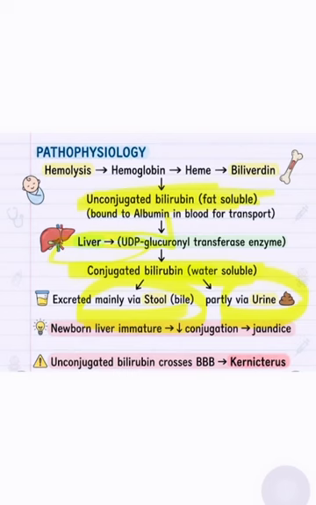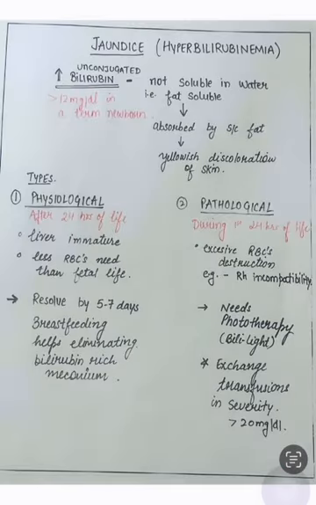Right now we are talking about the newborn. The newborn's liver is not mature enough to conjugate the bilirubin. So that's why unconjugated bilirubin gets deposited in the newborn's blood. As we have already discussed, unconjugated bilirubin is fat soluble, so it gets deposited in the subcutaneous fat of the newborn, and discoloration of the skin occurs.